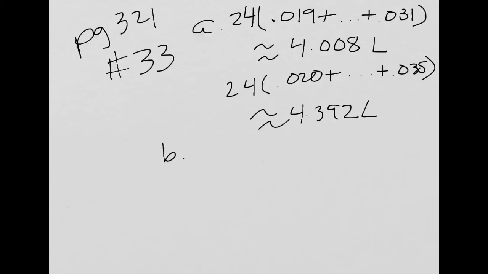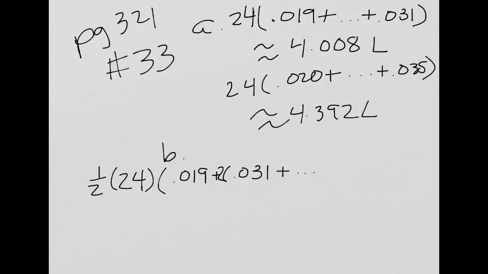For part B, it says use the trapezoid rule. So we're going to have a 1/2. My width was 24. So I'm going to use all my numbers this time, and the middle pieces are going to double.